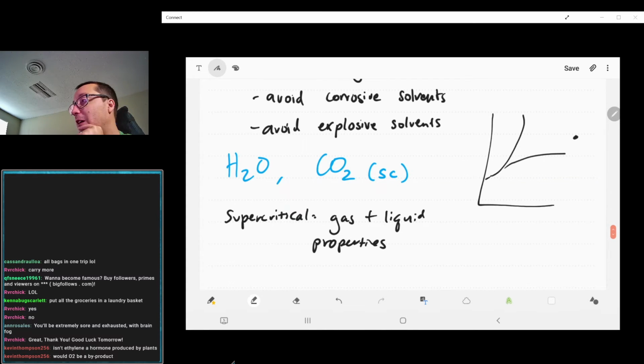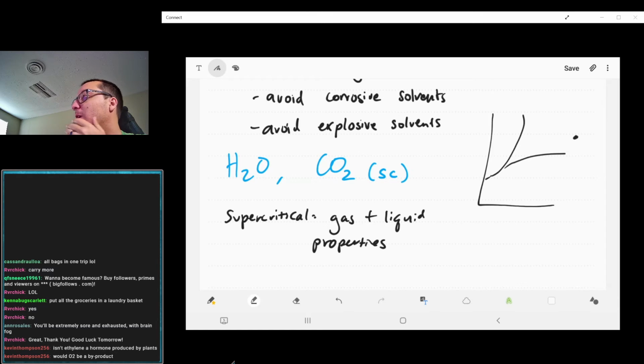And for carbon dioxide, it's actually pretty low. Let's look up its critical point.